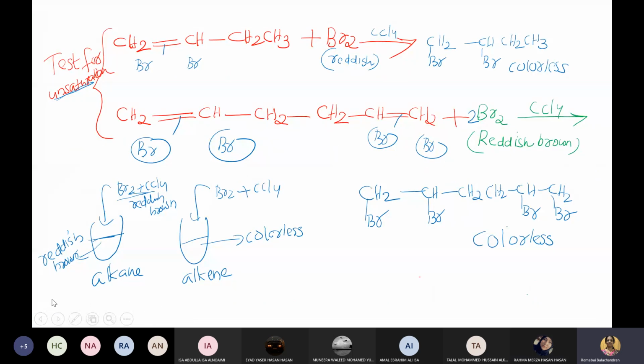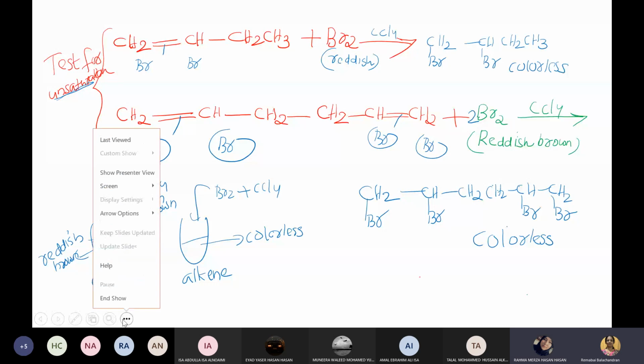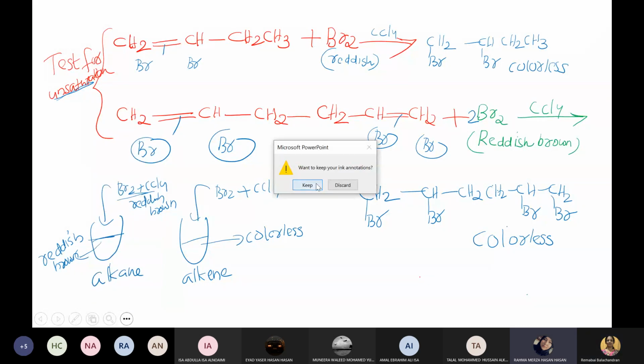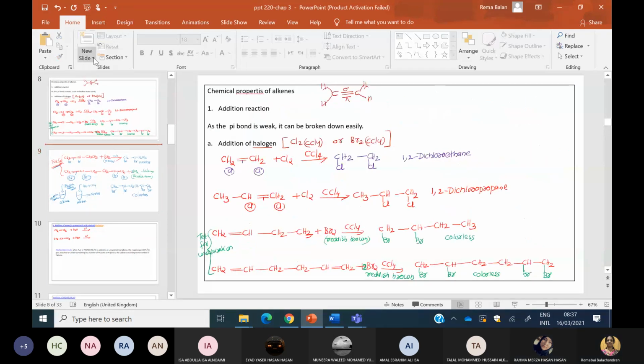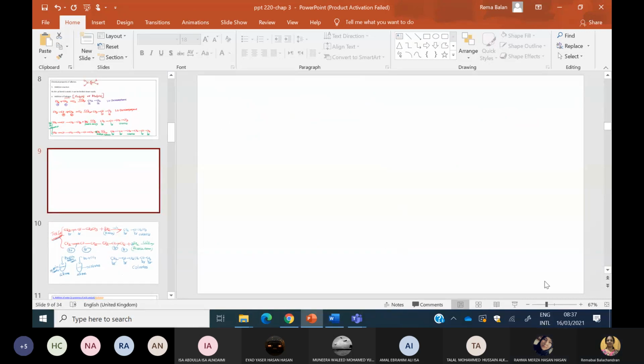I'll just make an empty slide to explain. So if it turns from reddish brown to colorless, then there's a double bond? Yes. Not only double bond, even triple bond also. See, suppose one compound is CH3, CH2, CH2, CH2, CH3. This is an alkane.